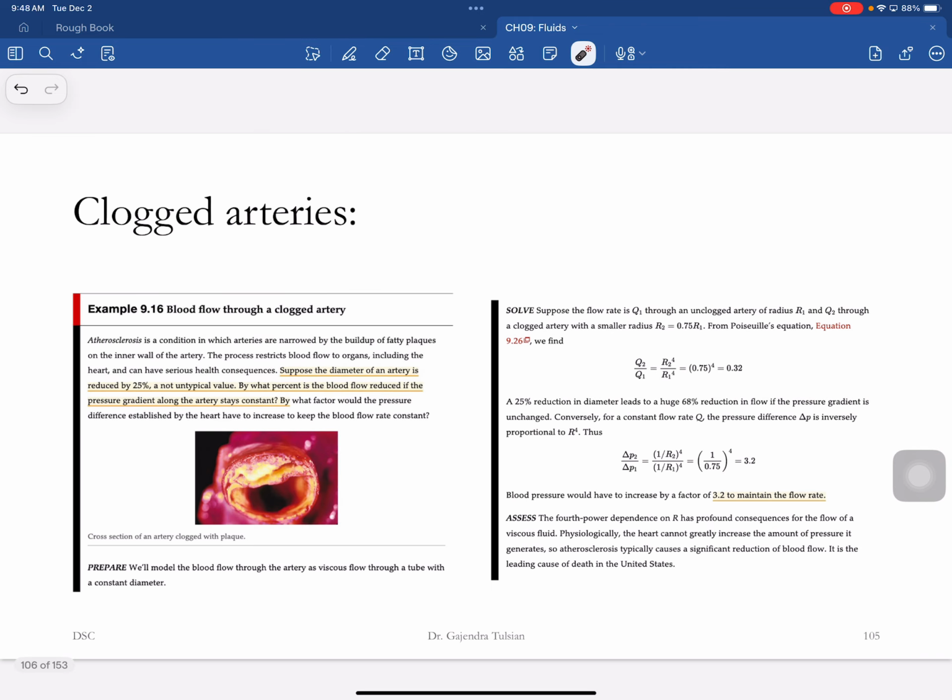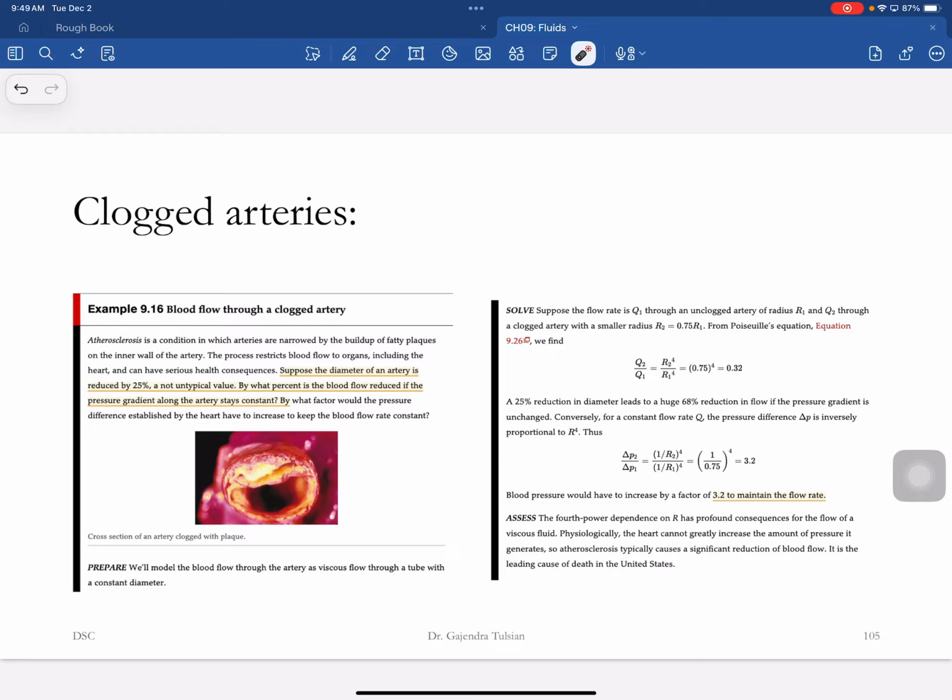And the flow rate, when the radius is reduced to 75%, decreases to 32%. So the radius decreased by 25%, the flow rate decreased to 32%, one third the amount of blood is flowing.